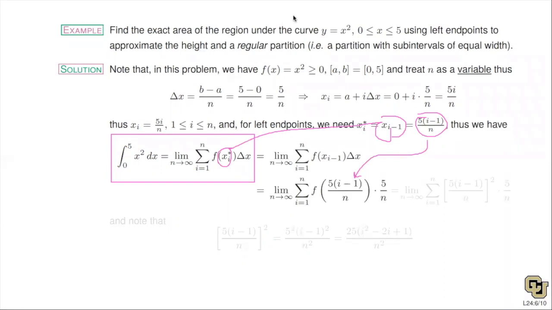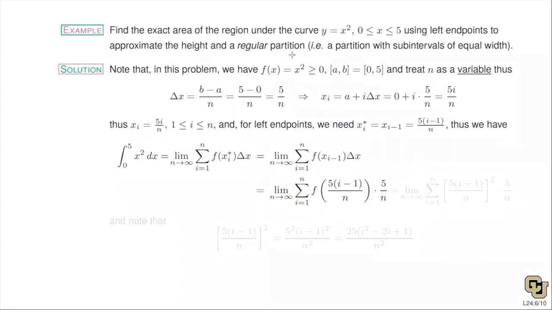Remember, we calculated delta x here as being 5 over n. So there's my delta x. Now I use the fact that f of x equals x squared, and I apply the function to this term right here.